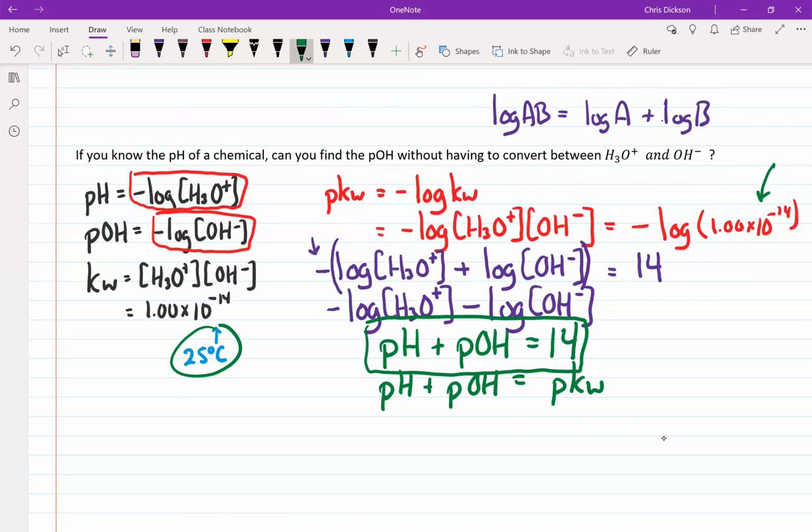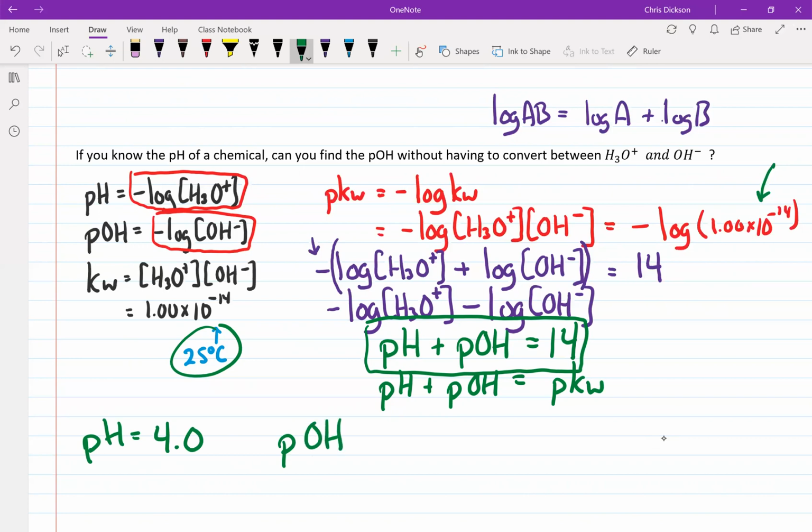Going back to the beginning, you might have forgotten what the actual question was: if you know the pH of a chemical, can you find the pOH without having to convert to the other ions? So let's say you were told the pH is equal to 4.0, and someone asked, what's the pOH?